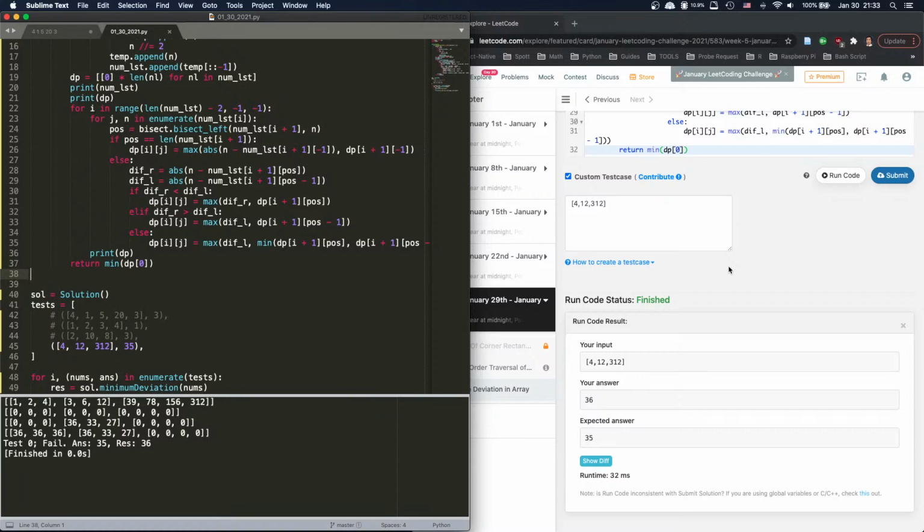So we also need to compare this with the value that is causing the maximum difference.